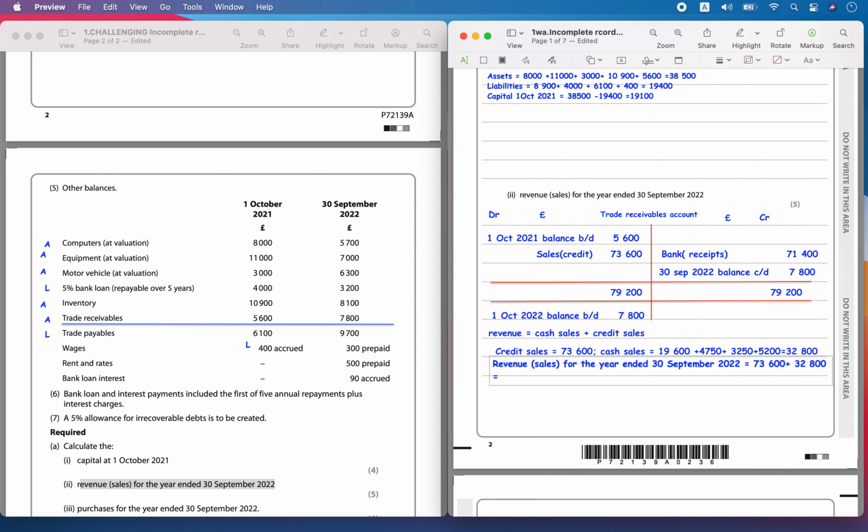So that is 106,400. That was the total revenue for the year.